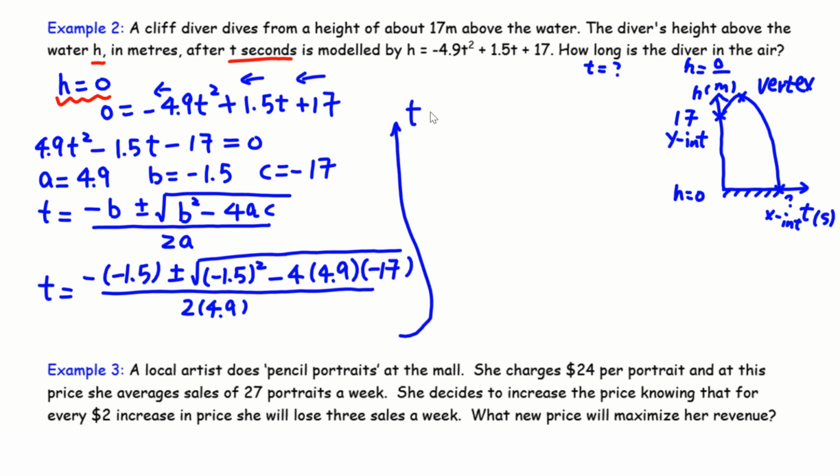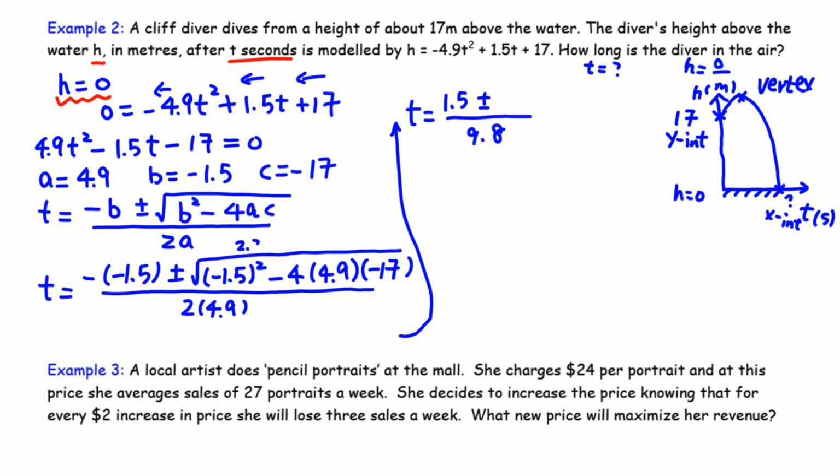So t equals positive 1.5 plus or minus... Use your calculator to find what is under the square root. It will give you 2.25.